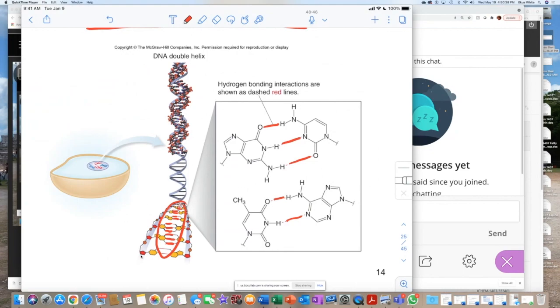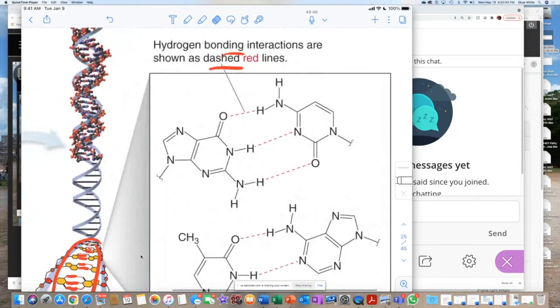So we see right here that the dashed lines show you the hydrogen bond. Please notice this fulfills the criteria between O and the H. Even though it's not from the same molecule, it works as long as H attracts O or vice versa. It's a hydrogen bond, because remember, it's an intermolecular force. That means between molecules, not within the same molecule.